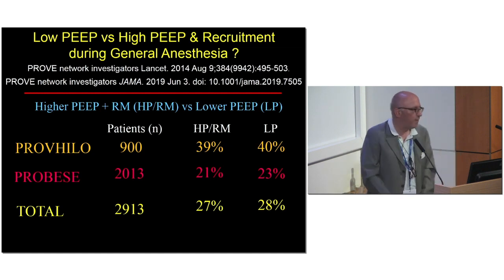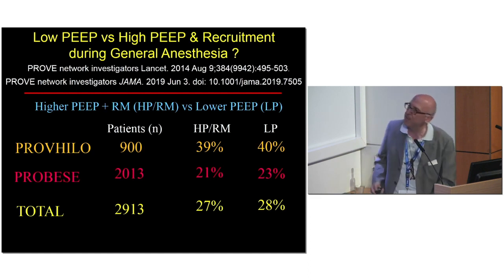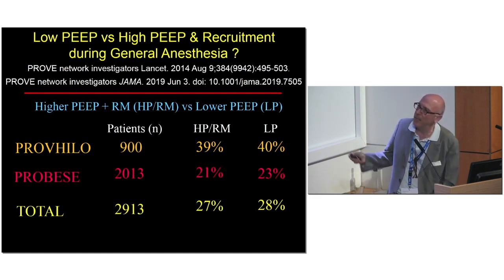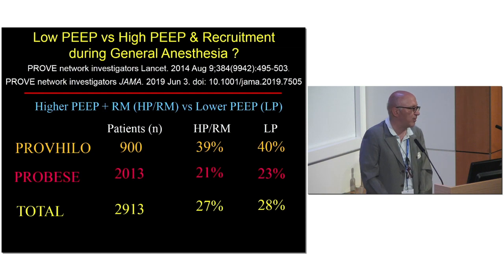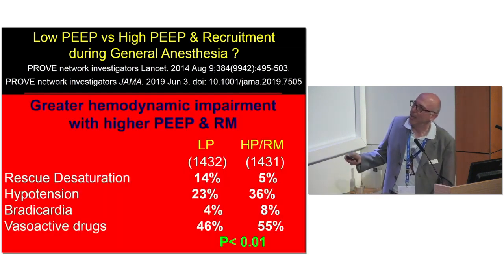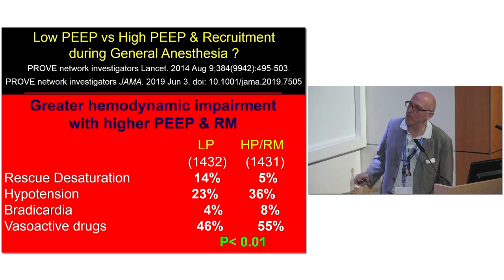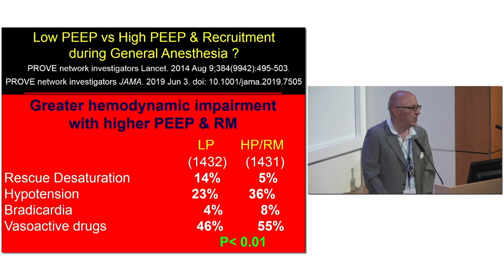It's also combined with the PROVILO trial, another trial from our team, 900 patients, non-obese patients. No difference in outcome, but more hypotension, more bradycardia, more vasoactive drugs, with a little bit higher need of rescue for desaturation, but just by increasing the FiO2.